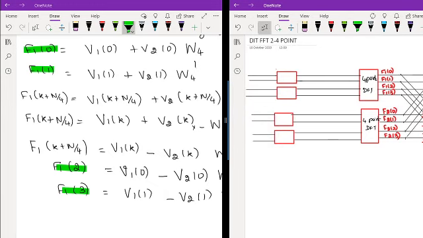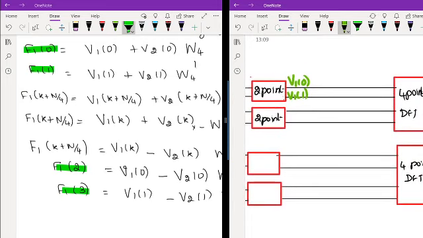So now we are having only 2-point DFTs, two 2-point DFTs, that is V1 of 0 and V1 of 1. The same way V2 of 0 and V2 of 1. So we have two 2-point DFTs. Both are going to be combined and giving you the 4-point DFT F1 of 0, F1 of 1, F1 of 2 and F1 of 3.